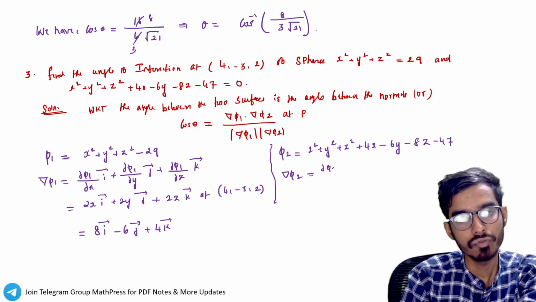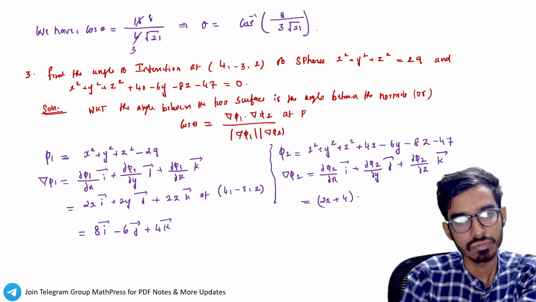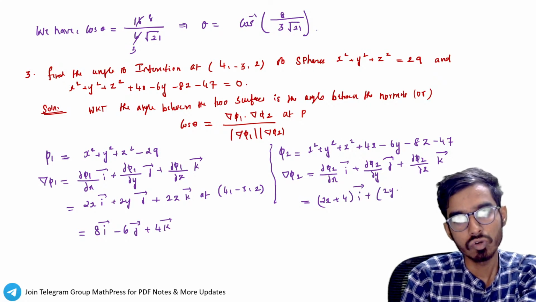It will be dou phi 2 by dou x i vector, dou phi 2 by dou y j vector, dou phi 2 by dou z k vector. With respect to x, it should be 2x plus 4 into i vector; with respect to y, 2y minus 6 into j vector; with respect to z, 2z minus 8 into k vector.